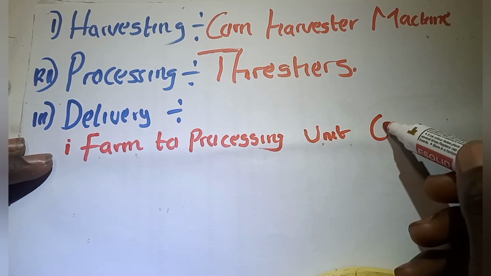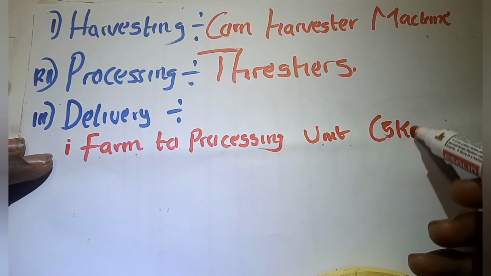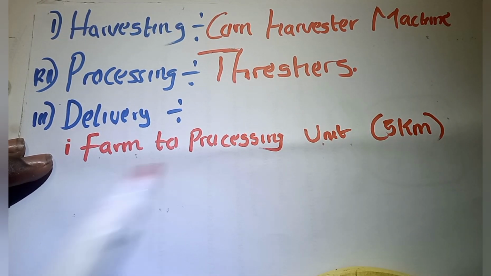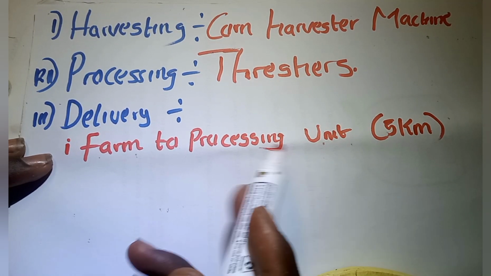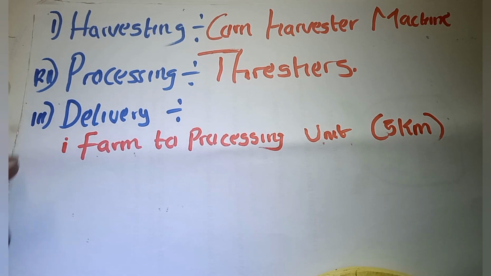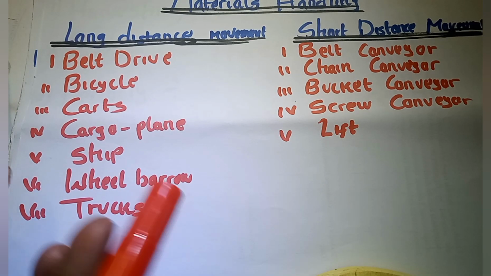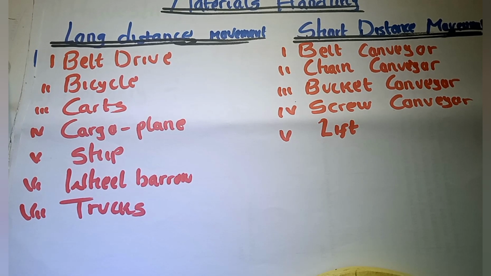The distance is what? Don't forget, that is 5 kilometer. Now from the gift I gave to you, which of this equipment is suitable to convey the maize from the farm to the processing unit?